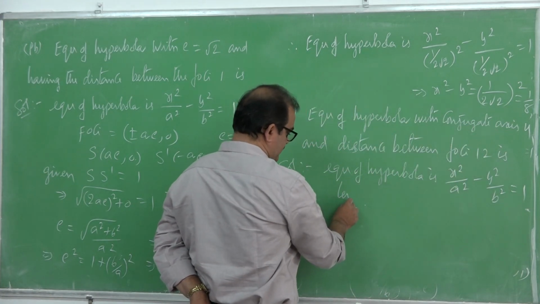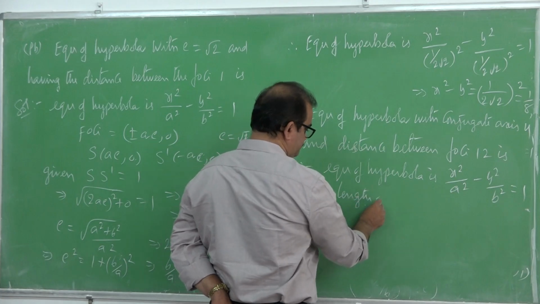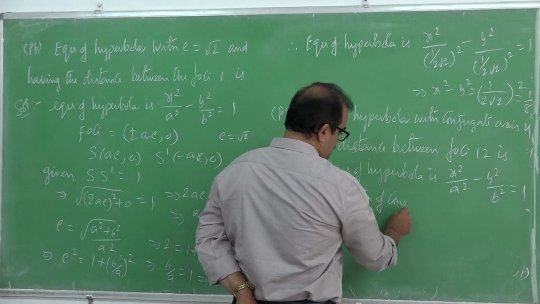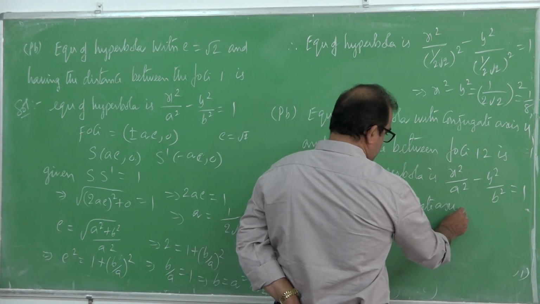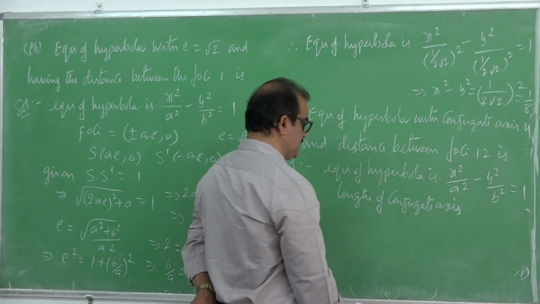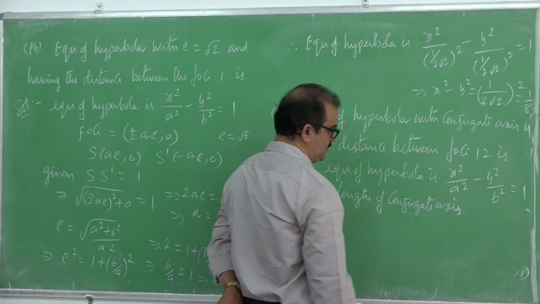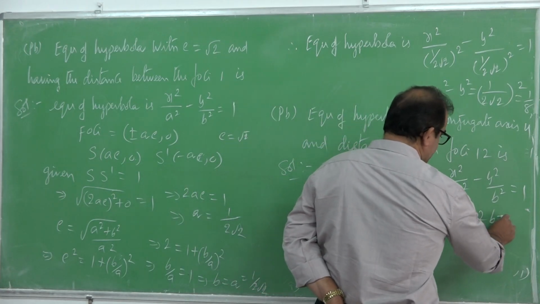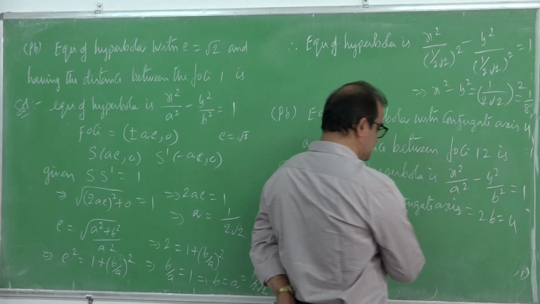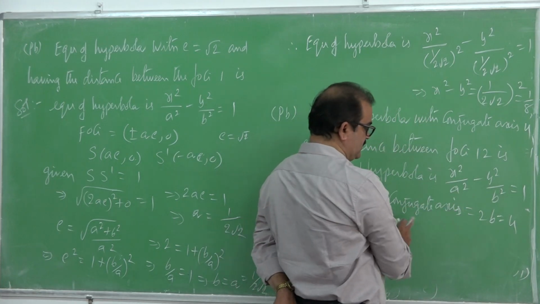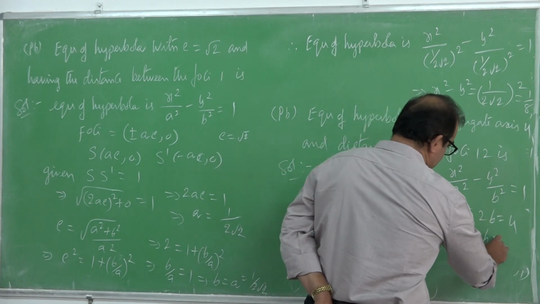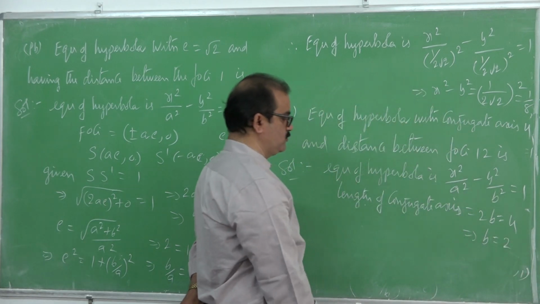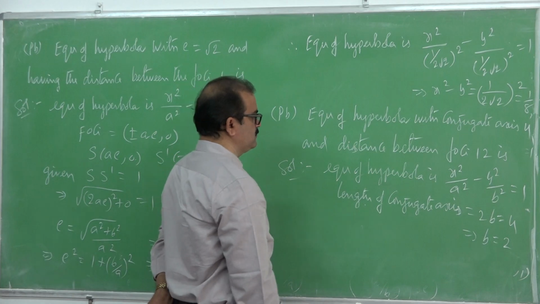Length of conjugate axis is 4. What is the length of conjugate axis of this hyperbola? 2b is equal to 4. Length of transverse axis is 2a. Length of conjugate axis is 2b. So from this b is equal to 2.